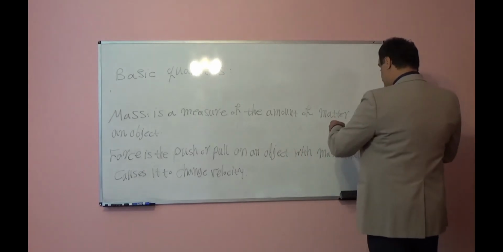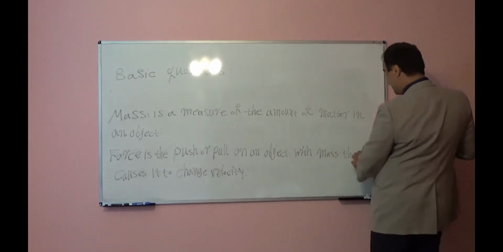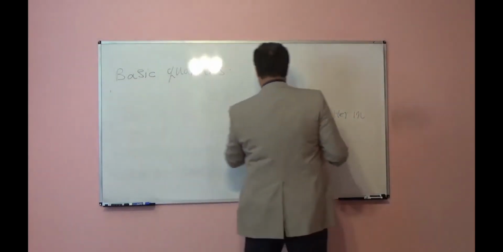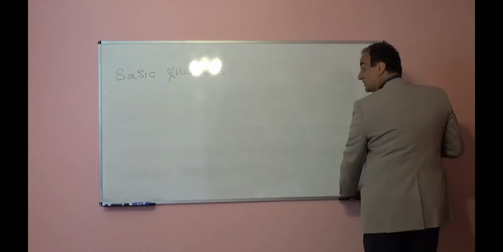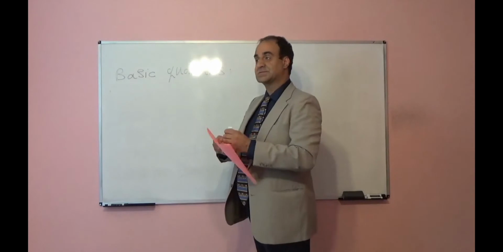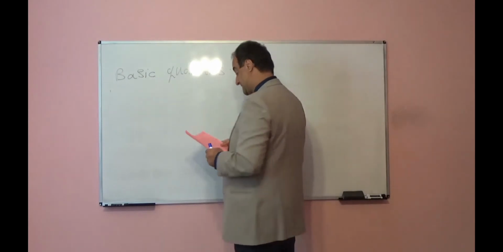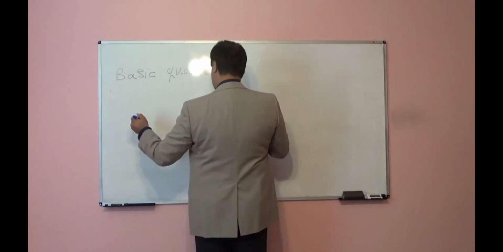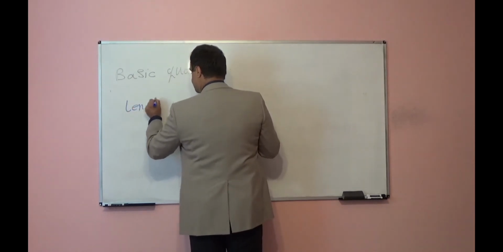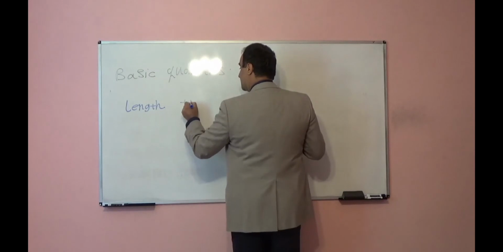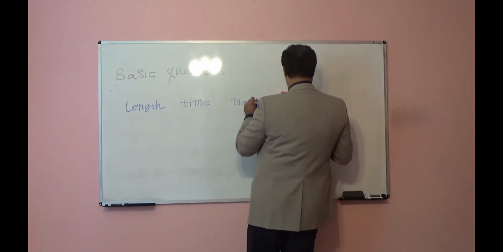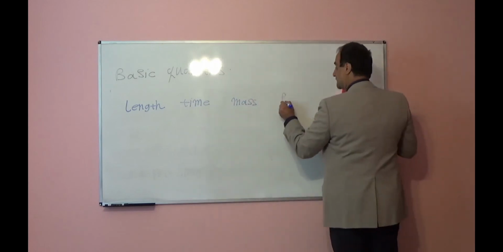Let's look at the unit of these basic quantities. For unit we will look at two different systems, one of them SI, another the US customary system or British system. So let's look at the basic quantities: length, time, mass, and force.